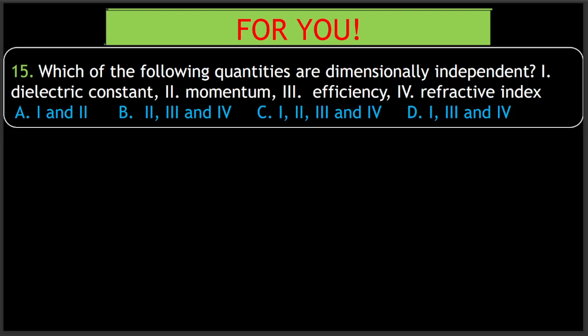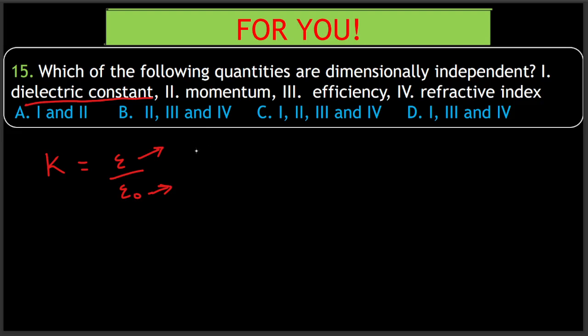All right, so question number 15. Which of the following quantities are dimensionally independent? That means they are unitless. Once a quantity does not have a unit, it means it doesn't have dimension. So let's check the options. In I, we have dielectric constant K, which is the permittivity of the material over the permittivity of free space.